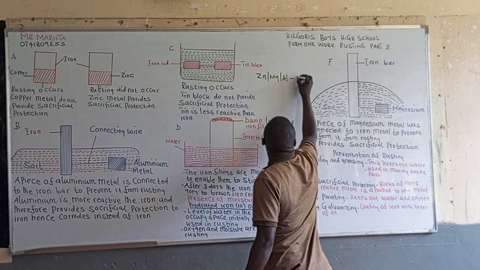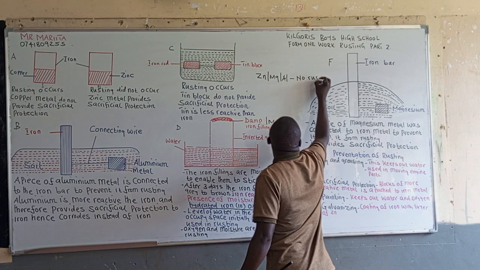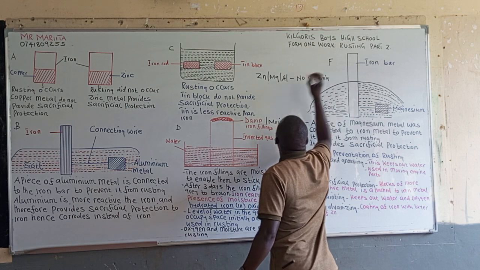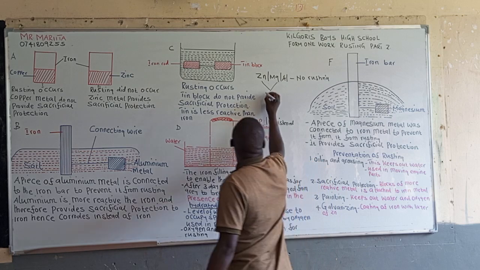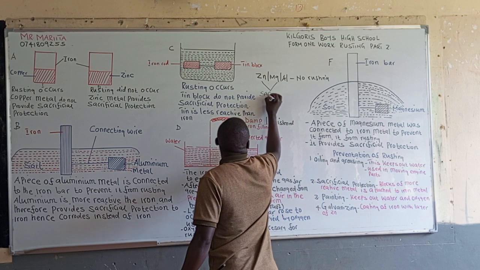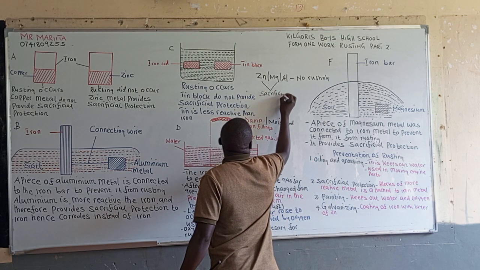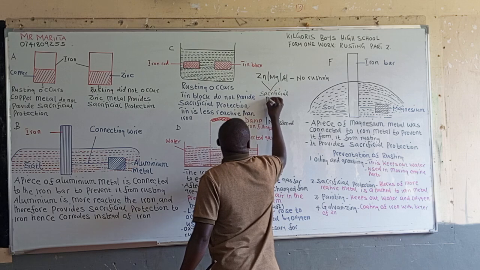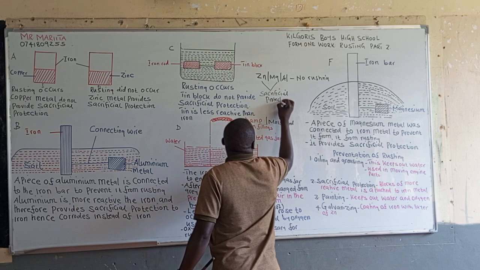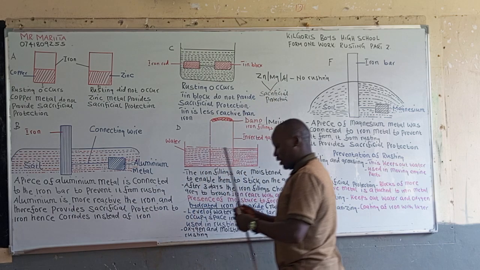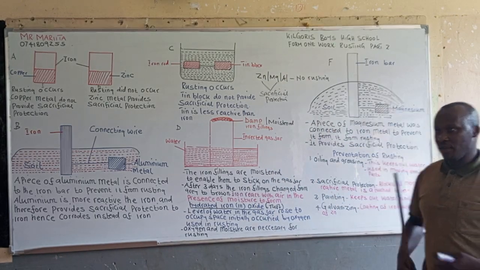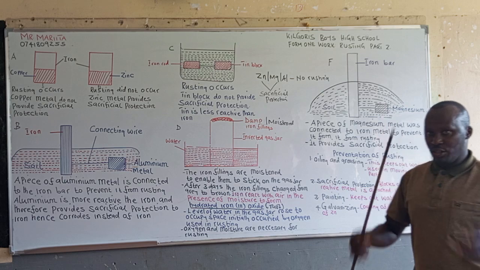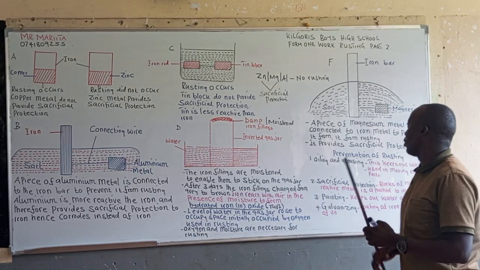In this case there is no rusting of the metal, because all of these metals provide sacrificial protection. What normally happens here is that these metals are more reactive than iron, therefore they corrode instead of iron. They provide sacrificial protection.